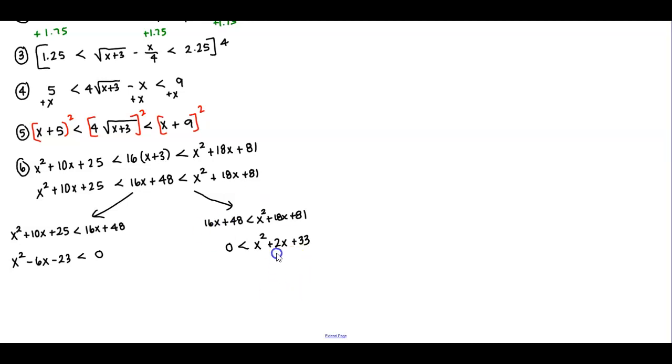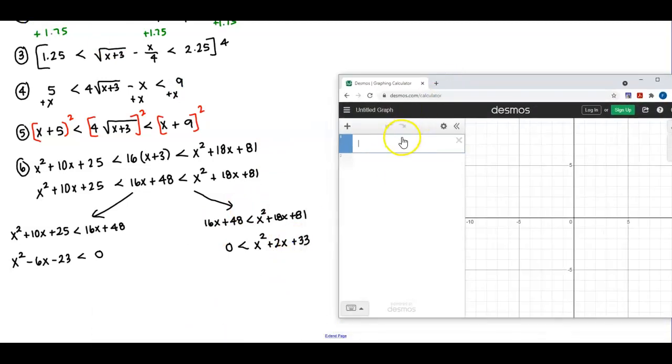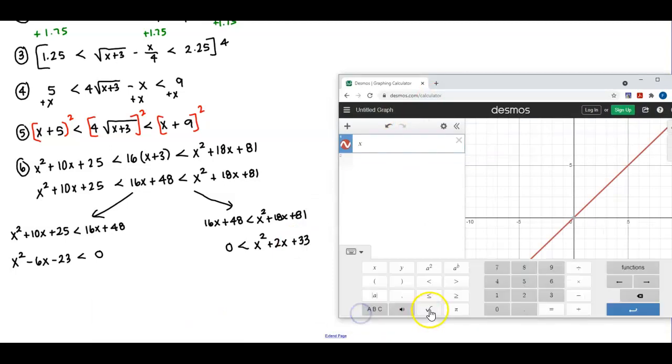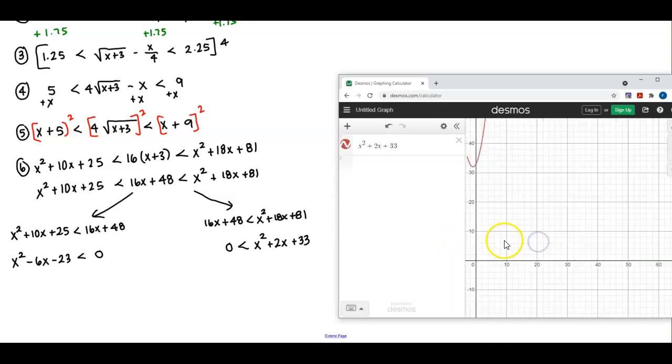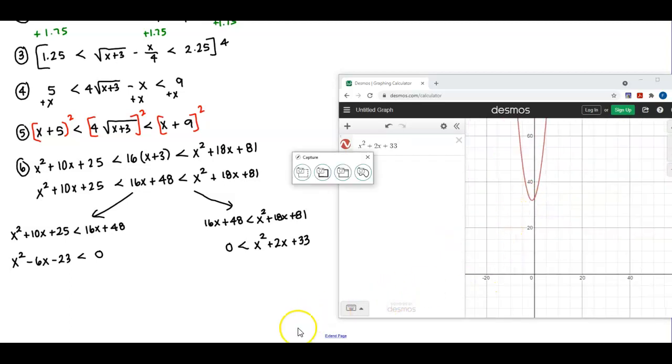So what do we know about x squared plus 2x plus 33? Well, let's go ahead and graph that real quick. So we have x squared plus 2x plus 33. Where is that located? Well, that's above the x-axis. So let me go ahead and copy that here.